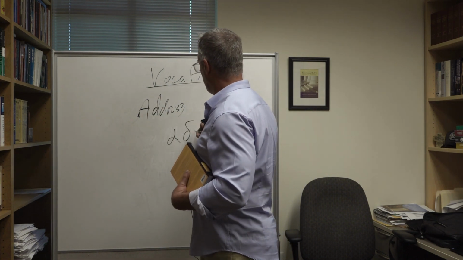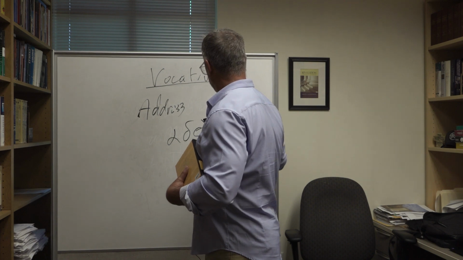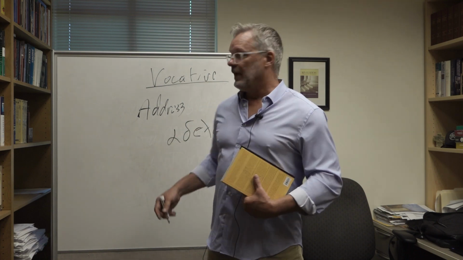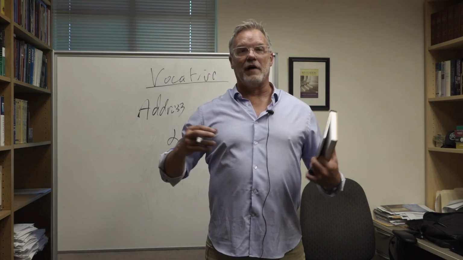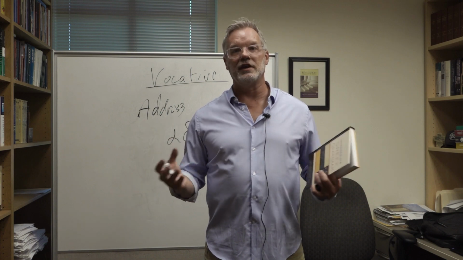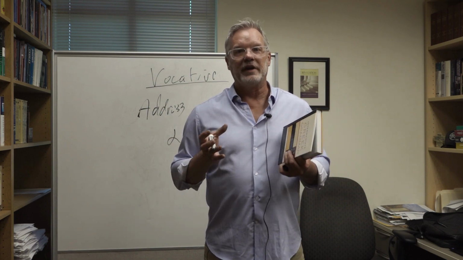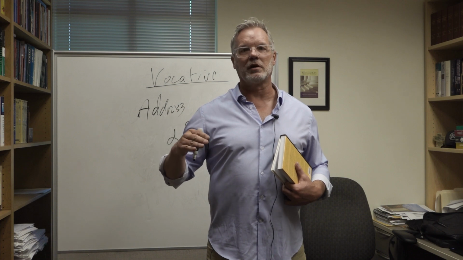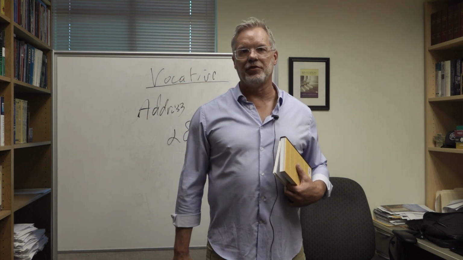Forms such as adelphoi, brothers, or children in 1 John. Often the vocative case can function to introduce prominent material because it directly engages and addresses the readers. In 1 John and probably in James as well, it's often used as a structural marker to indicate units throughout the book.